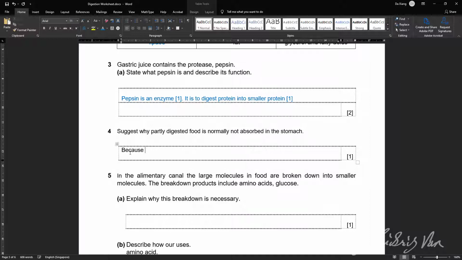Because partly digested food is still too big and insoluble and cannot be absorbed. So because those molecules are still too big, they cannot be absorbed.